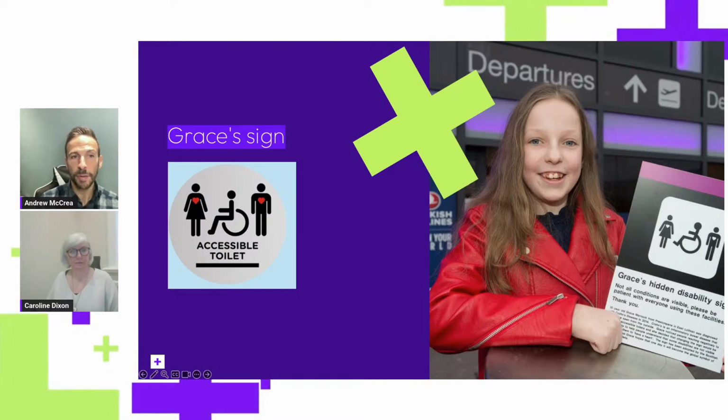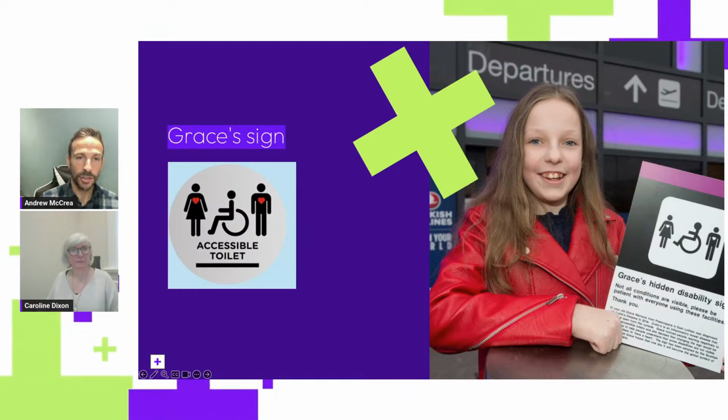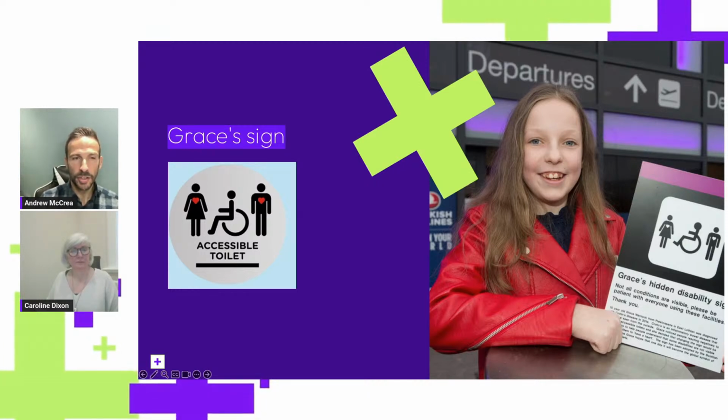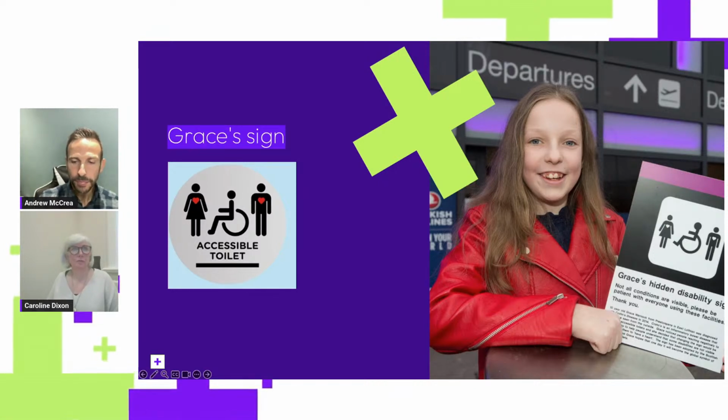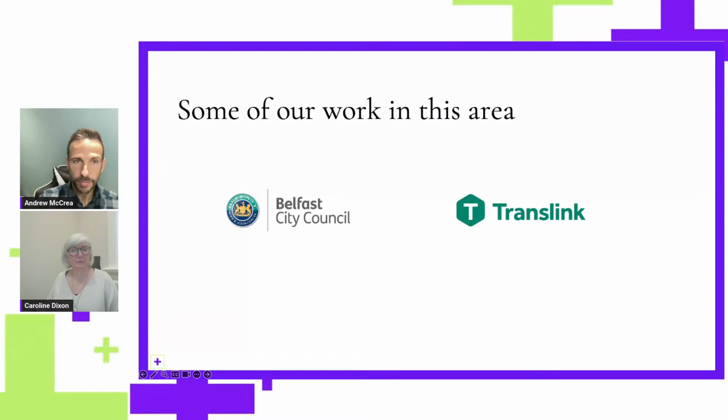It's about caring for people who might look, in your eyes, non-disabled, but we know in reality that there are so many hidden disabilities that we need to be aware of. So I think that was just a nice example to share of how inclusive design in action can really benefit and improve the lives of not only Grace and people like her, but everybody, and raise that awareness.